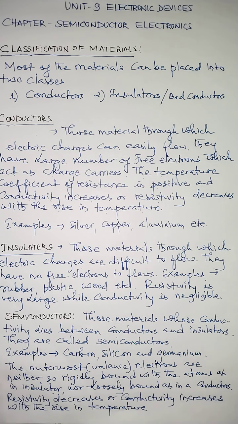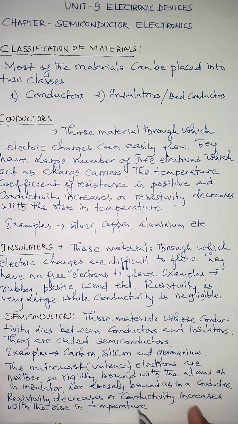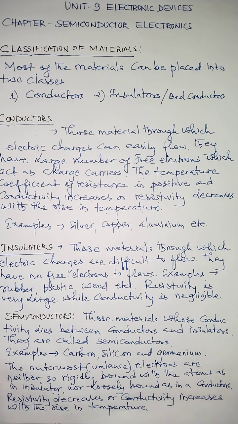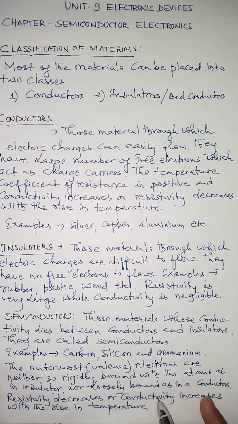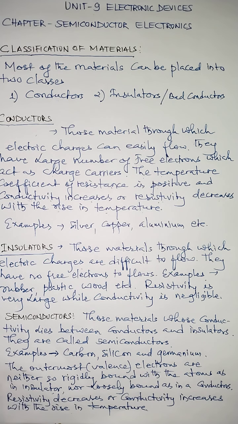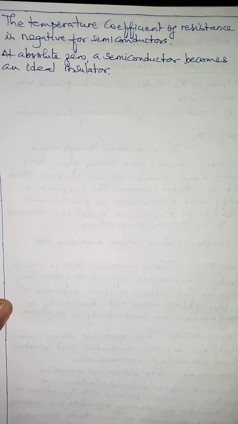So the number of free electrons in a semiconductor increases with rising temperature. Due to that, the conductivity increases, and resistivity decreases. So remember, children, in a semiconductor resistivity decreases or conductivity increases with the rise in temperature.